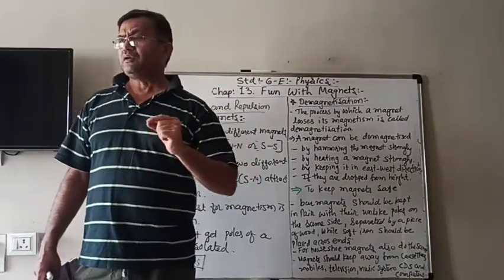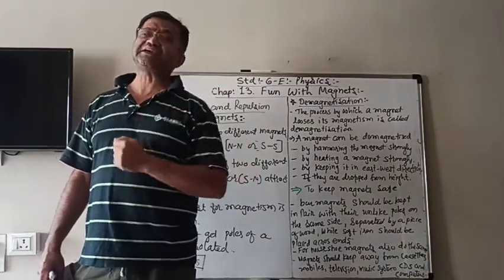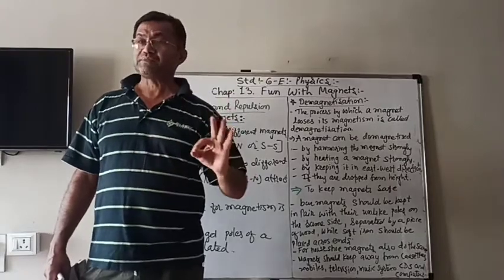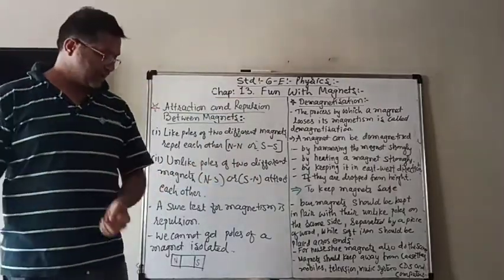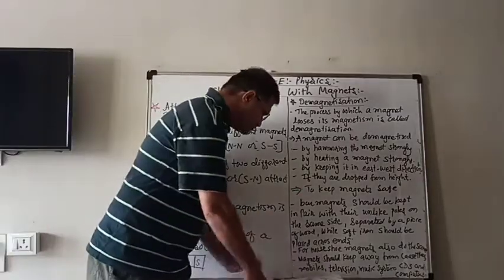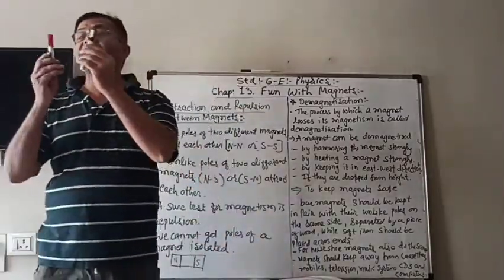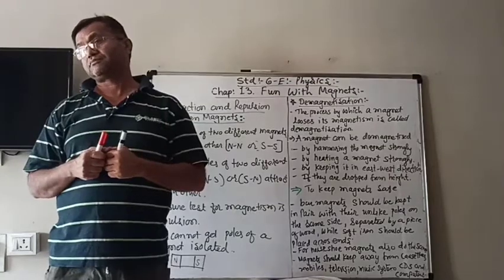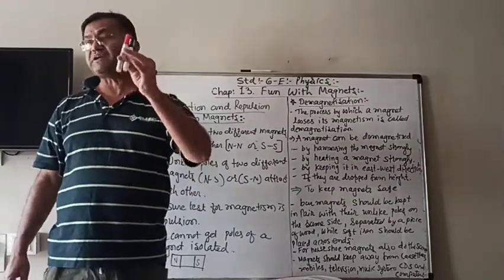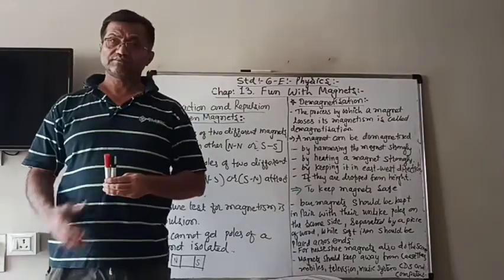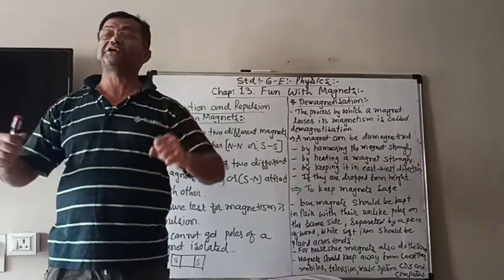Now, it is said that repulsion is the sure test for magnetism. It means that suppose you are given two identical iron bars, and one of them is a magnet, but the other one is not a magnet.